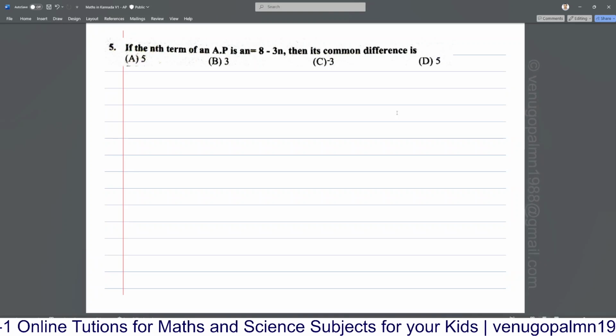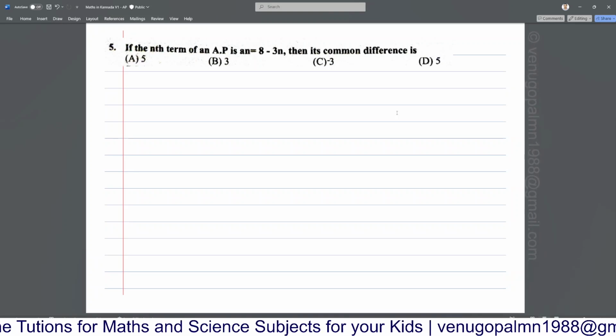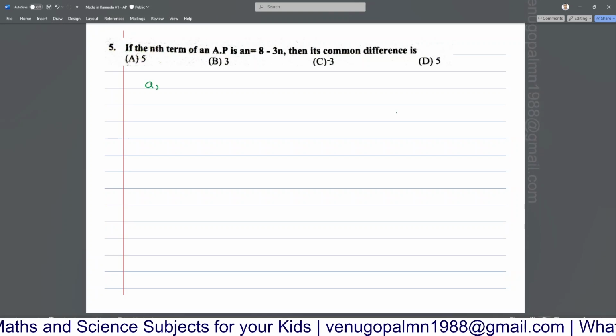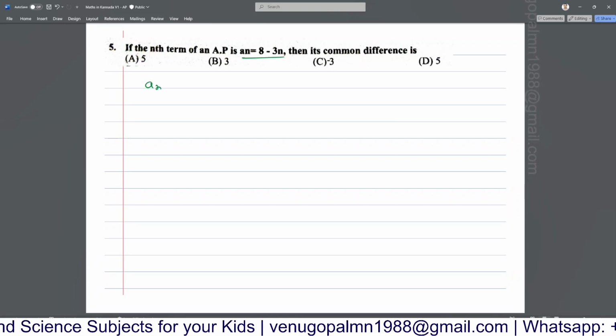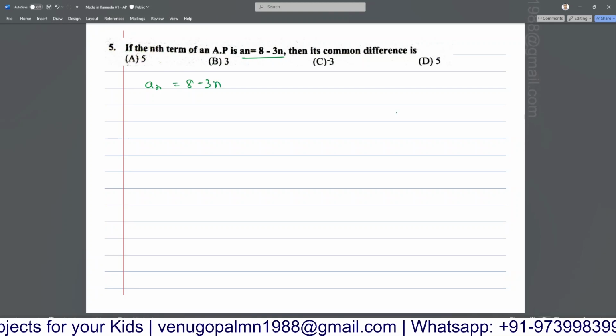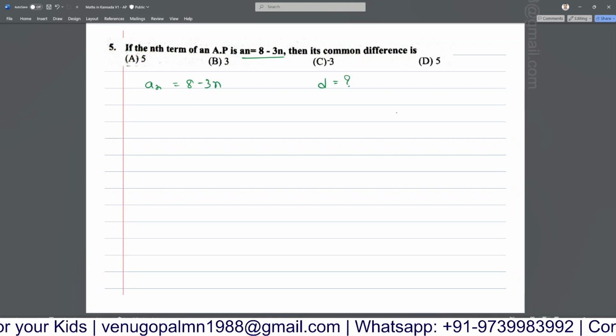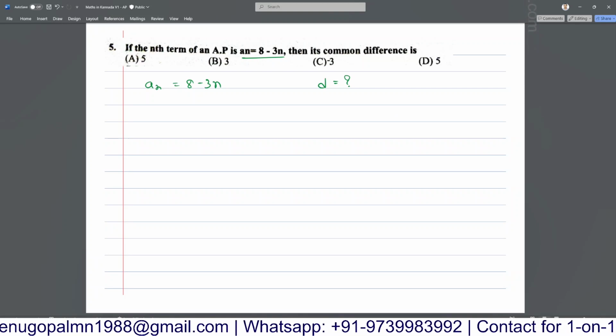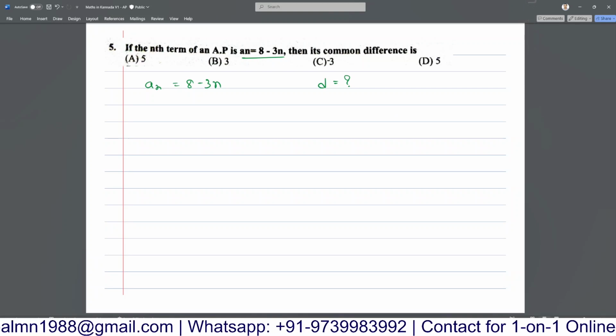n is equal to 8 minus 3n, then its common difference is what? So what they have given? They have given A of n here. A of n is equal to 8 minus 3n. We will have to find out D, the common difference. So how can we find out? This is the A of n formula they have given.